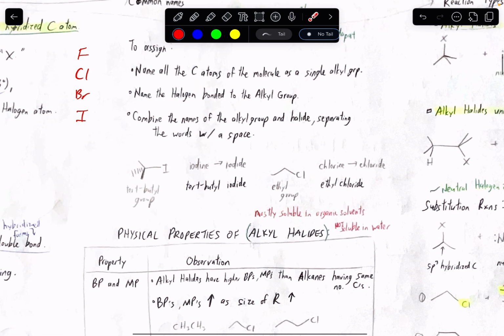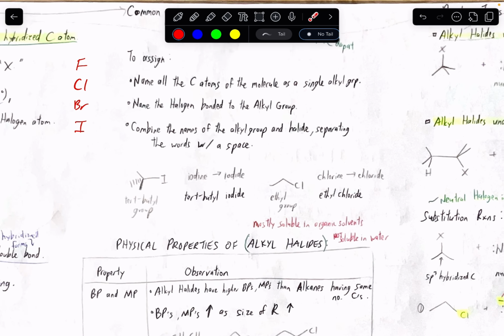So, what are we seeing here? A tert-butyl group, no? And iodine becomes iodide. So, the name is tert-butyl iodide. Don't forget the small dash. And coming from chlorine, it becomes chloride.